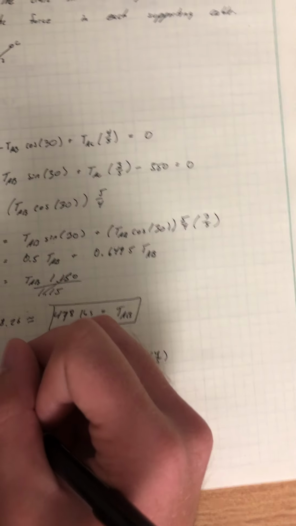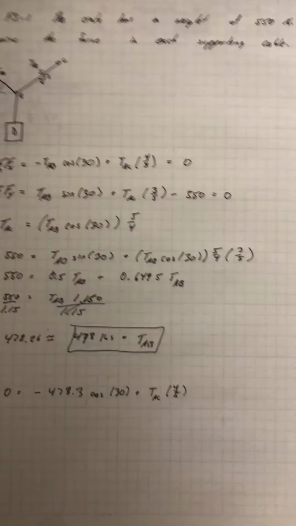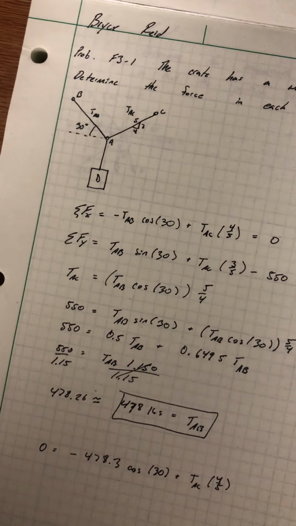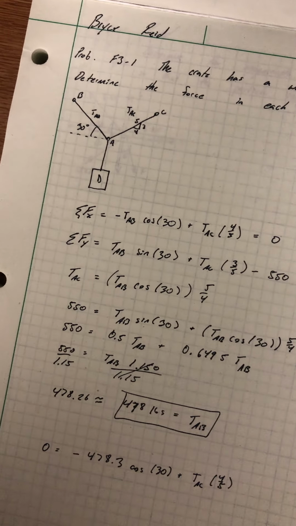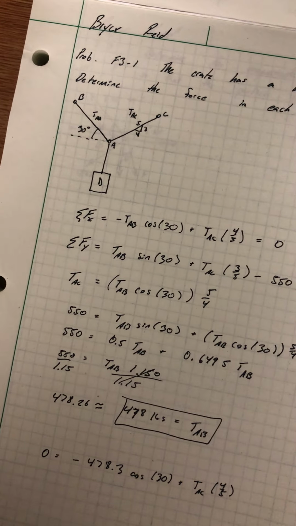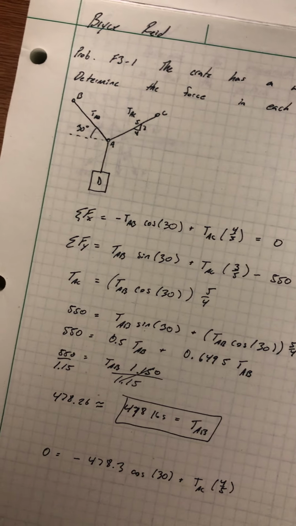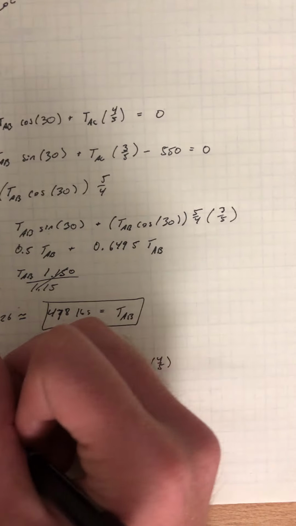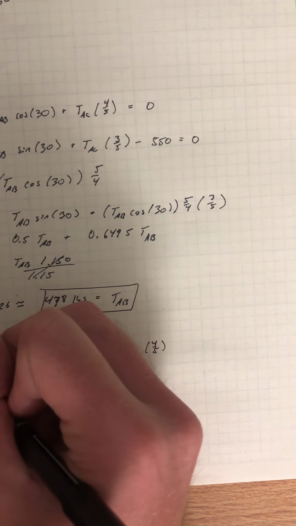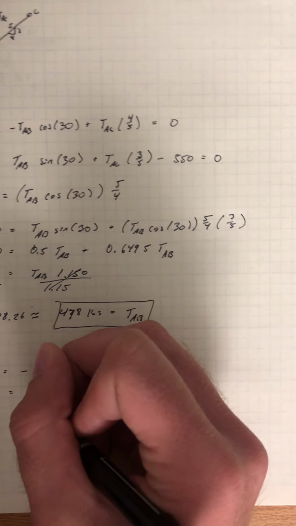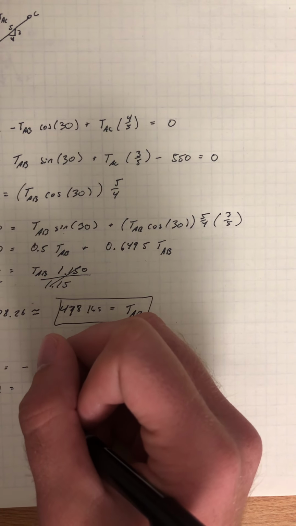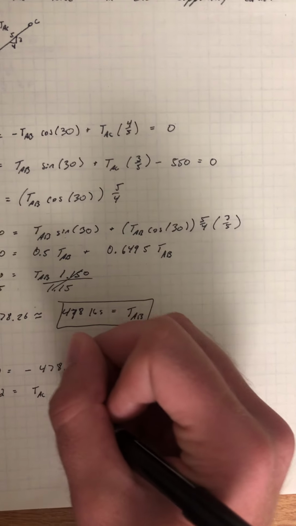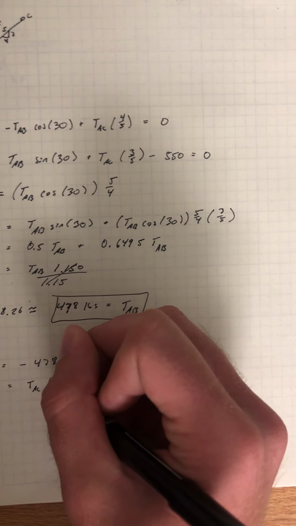Now, 478.3 cosine 30 is going to be 414.2. We'll add it to the other side, so 414.2 equals the tension of AC times 4/5.